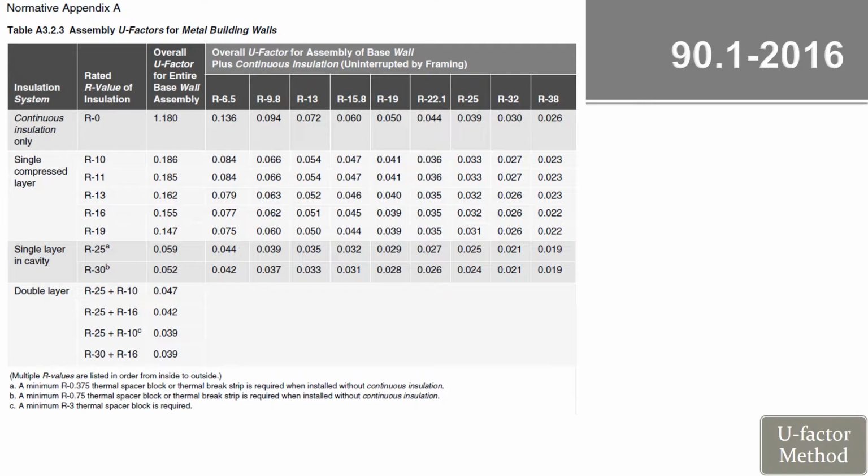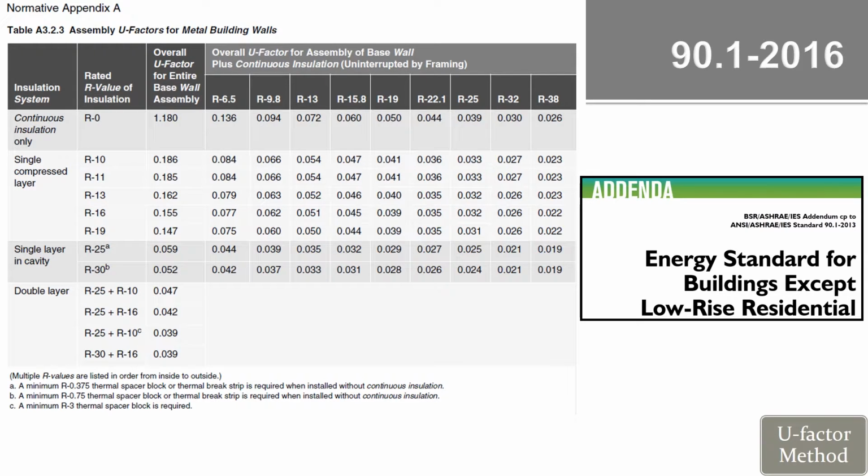However, the latest edition of 2016 90.1 includes more options. You still have the single layer up to R19, but it adds more metal building wall options. What ASHRAE did, I should say, is incorporate this approved addendum CP, which can be used in conjunction with 2013 90.1 all by itself.